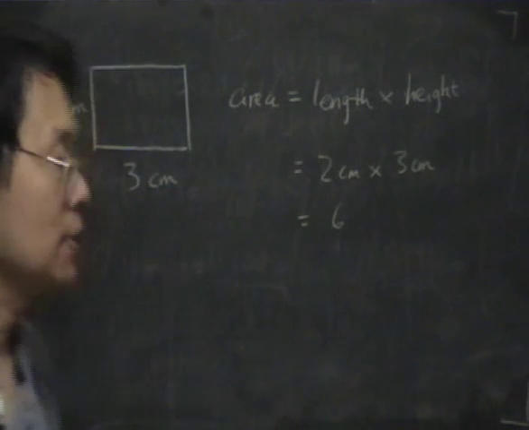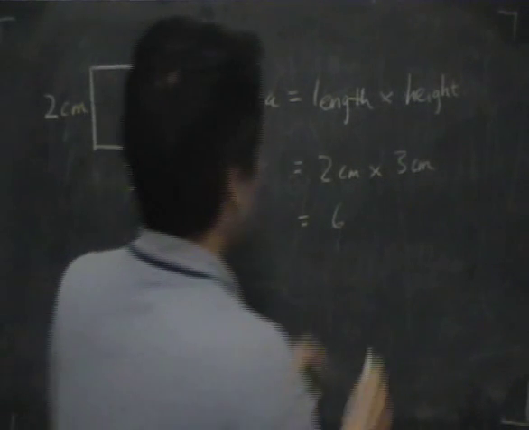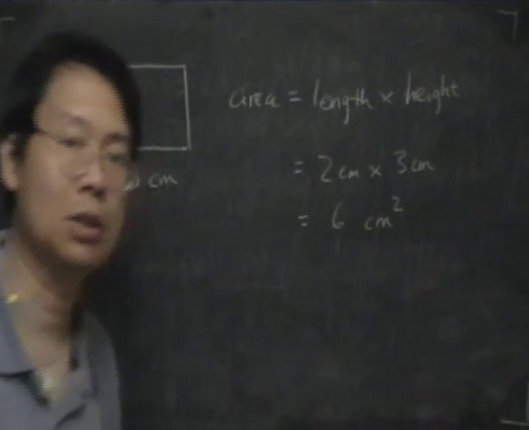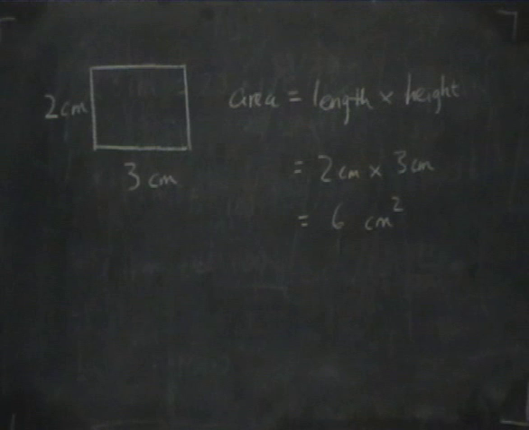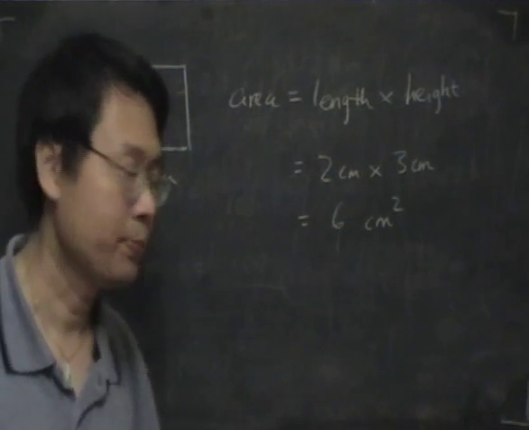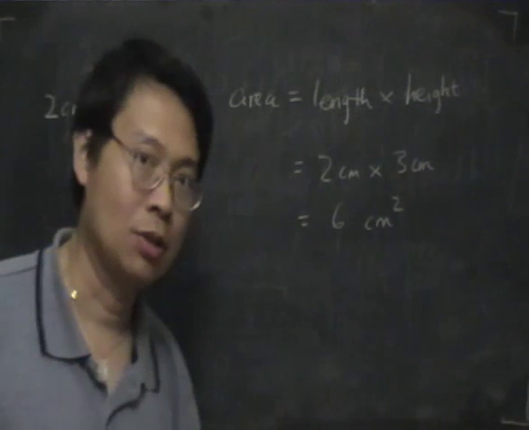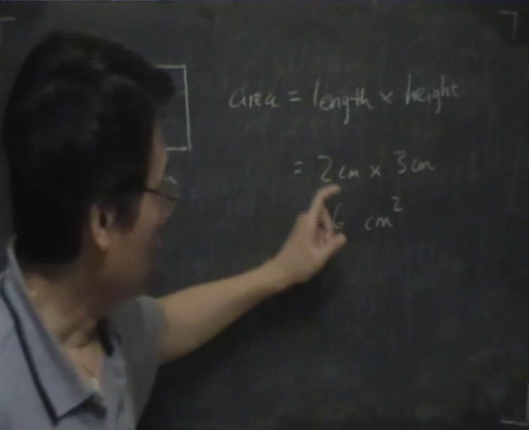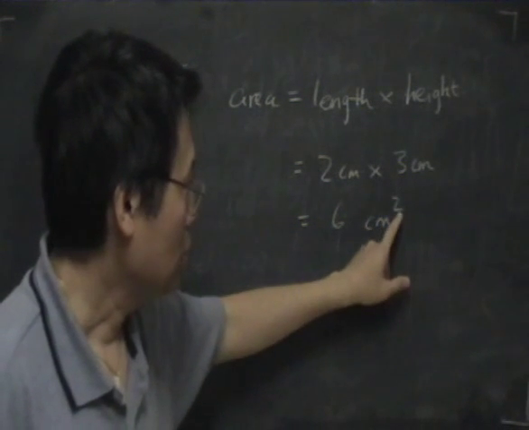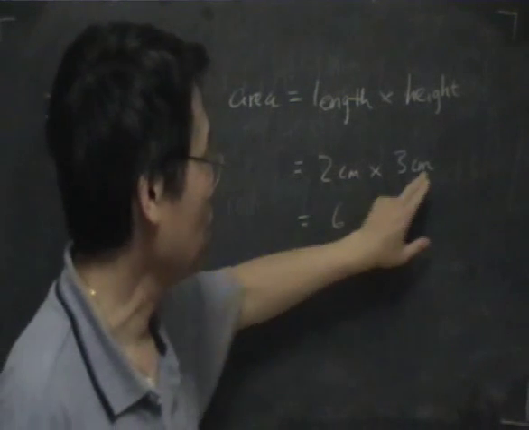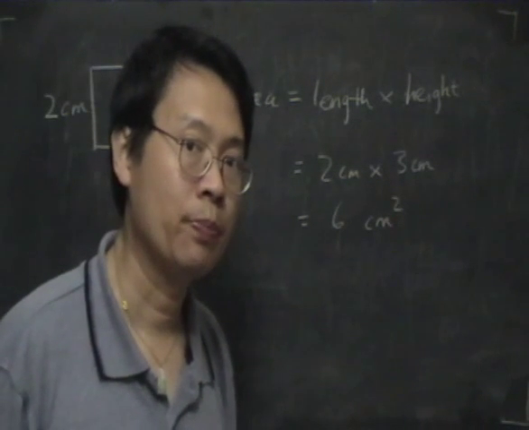But what is the unit? Now, you may already know that the unit is centimeter squared, but now that you have learned algebra, if you have not, take a look at my earlier videos. We know that it is centimeter squared because we have centimeter times centimeter.